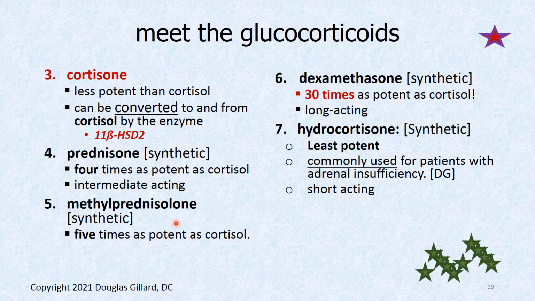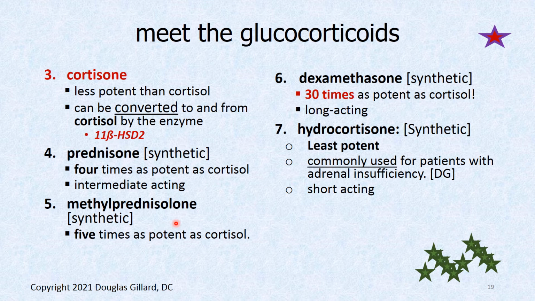And now we have some synthetic. What does that mean, synthetic? Synthetic is man-made. So we have prednisone, which is 4 times stronger than cortisol. And these are all anti-inflammatories, right? We're trying to use the anti-inflammatory property of the glucocorticoids by synthetically making some glucocorticoids that are a little weird looking.